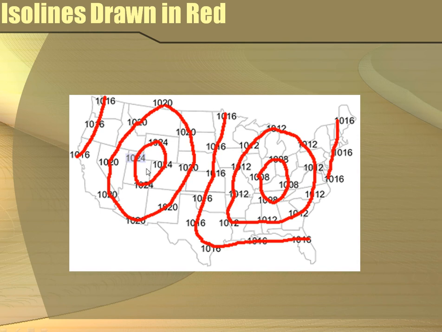Notice we have two circles. Well, if we take a look at these circles, we notice something about their values. You ever seen highs and lows listed on a weather map? That's where these come from. Over here on the left, we have a high, because this is the highest pressure in the area. It's all 1,024.